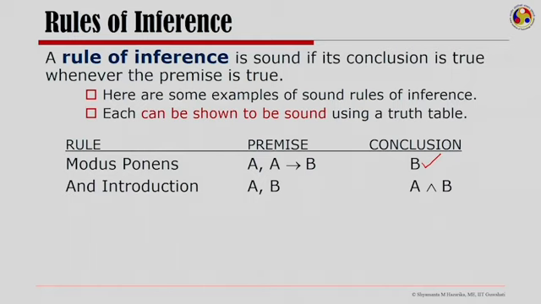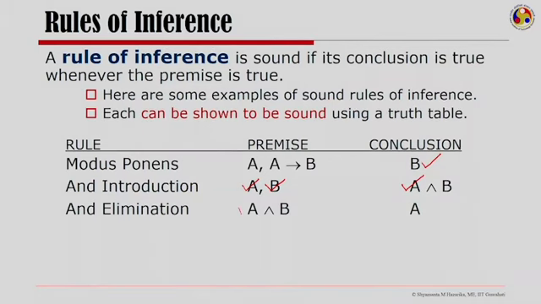The next is AND introduction, where in the premise, if I know A is true and B is true, then I can conclude A and B. The third of the rules of inference is AND elimination. If we have the conjunction A and B, then we know that this statement is true if both of them are true.